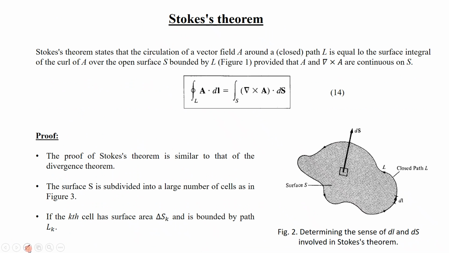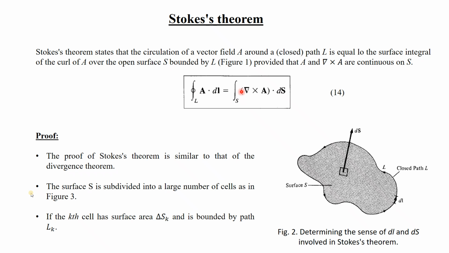Now talking about another theorem, which is called Stokes theorem. I am covering this part because since you have understood the divergence theorem, Stokes theorem is also quite easy to understand. Stokes theorem is used for transforming a surface integral to a line integral, or a closed line integral to a surface integral.